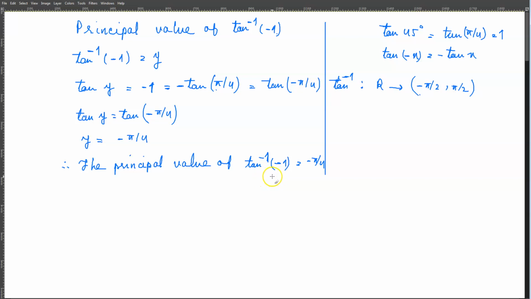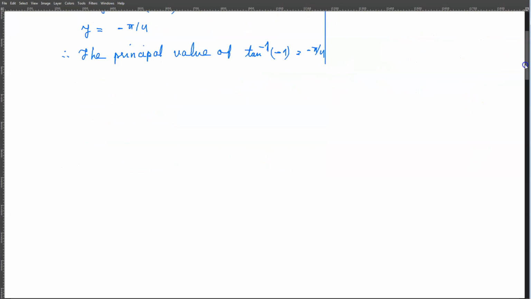Okay, that was question number 6. Question number 7, we have the secant inverse of 2 over square root of 3. We want to find the principal value of the secant inverse of 2 over square root of 3, right?